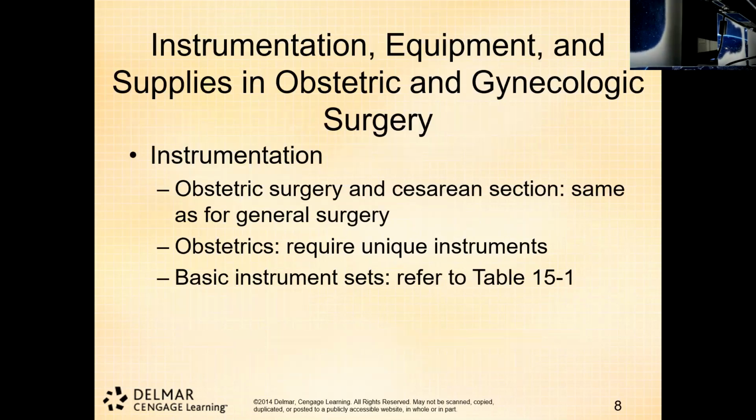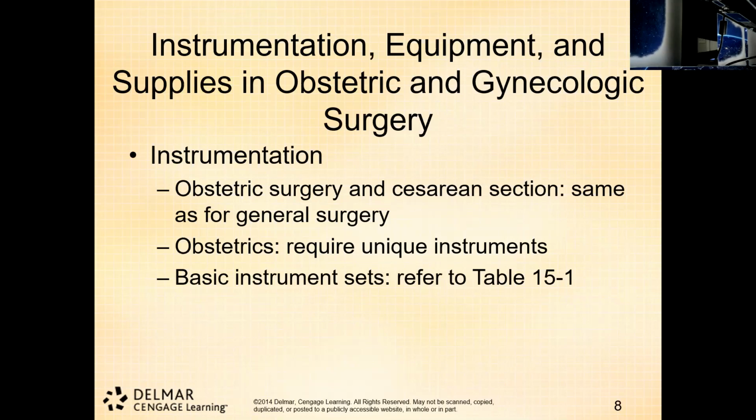And then you look at the instrumentation that will be available. There are specific instruments that are used in this type of procedure, whether it becomes an emergency or non-emergency surgery or cesarean section, or it could be another thing that you could look at from a different perspective. Now, there could be some instruments that are being used or that could be used in a GYN procedure that could also be the same instrument used in a general surgery procedure.